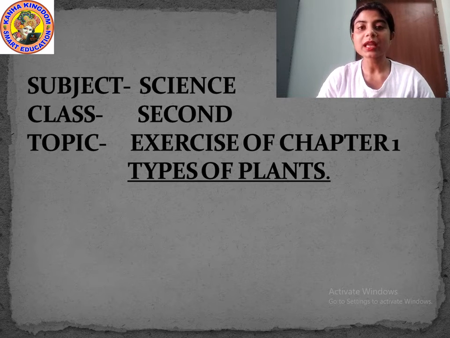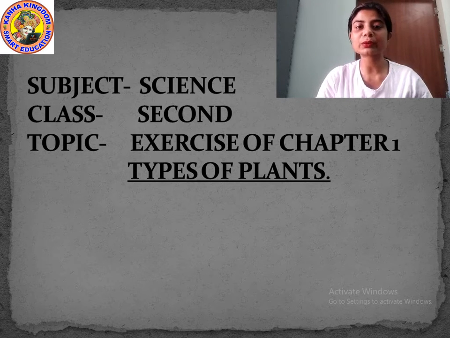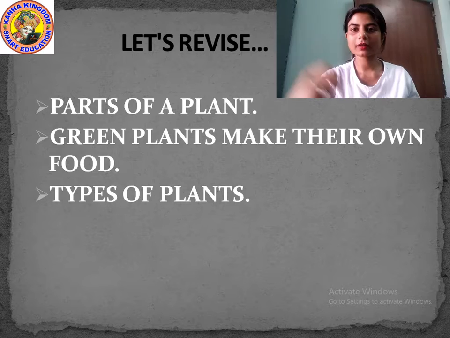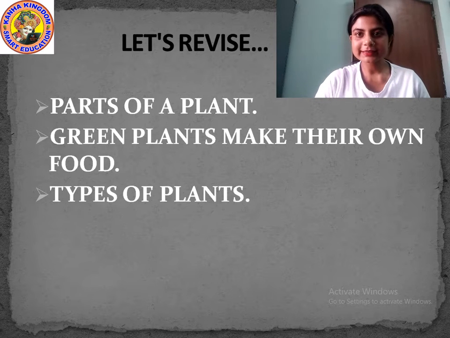Before that, we will do a quick revision of the chapter. What did we study? Before going to the exercises, we will do the revision of the chapter. So students, let us revise about the parts of a plant that we studied in the previous class.